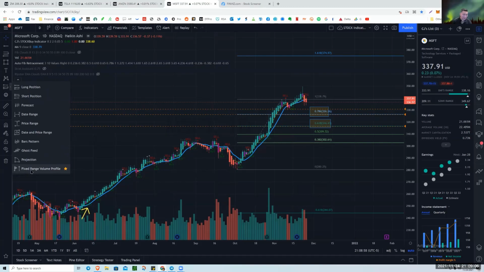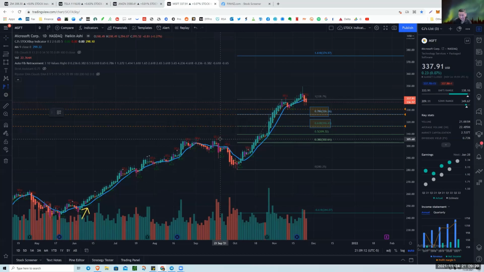Get yourself familiar with a fixed range volume profile. This is a very helpful tool, and typically you want to grab between 1 to 2 months. So let's take the fixed range volume profile, and I'm going to start from, let's say, October 1st all the way here.